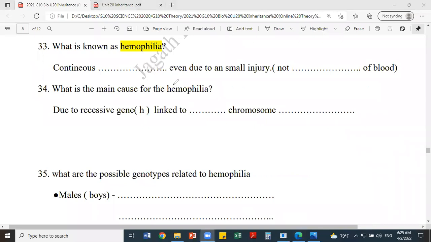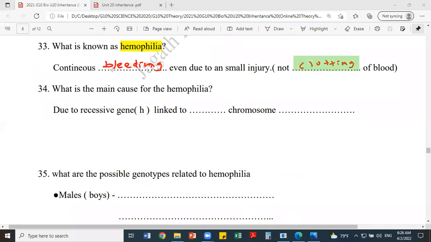In front of the symptom you can write continuous bleeding, even due to a small injury. What is hemophilia? It means blood does not clot. When your skin gets cut, after some time the blood clots automatically. But here, there is continuous bleeding even due to a small injury, because the blood won't clot. That's the main problem, so they die due to excessive loss of blood.